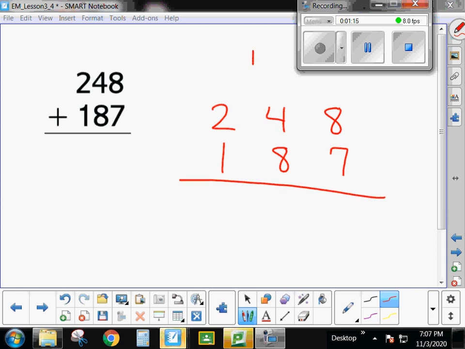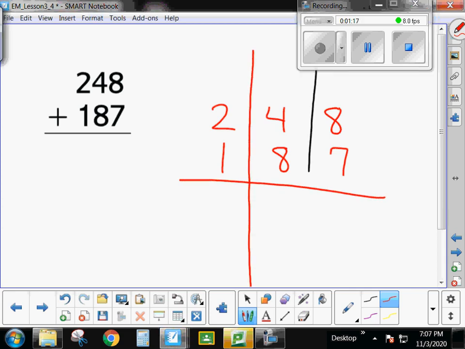In fact, I'm going to draw lines down through there, because I want to make sure that I have my hundreds lined up, my tens lined up, and my ones lined up. So I'm even going to draw those lines in between my columns. Go ahead and pause the video and get your paper set up to look like this.